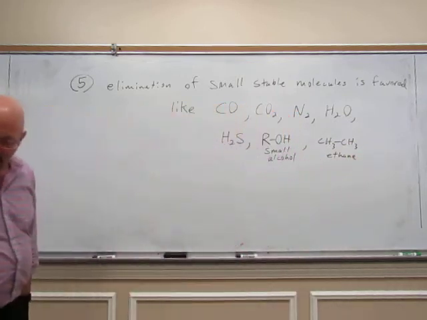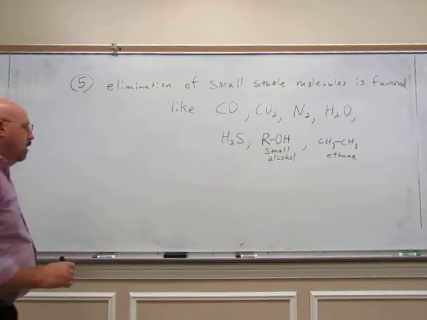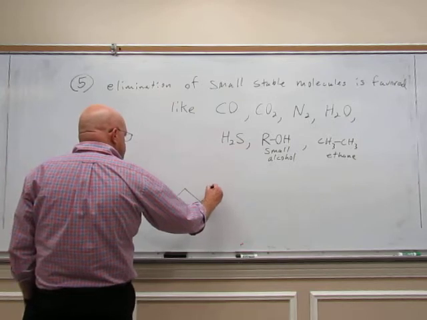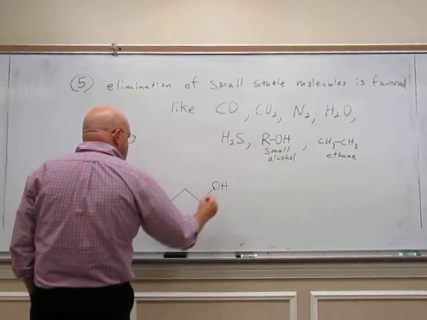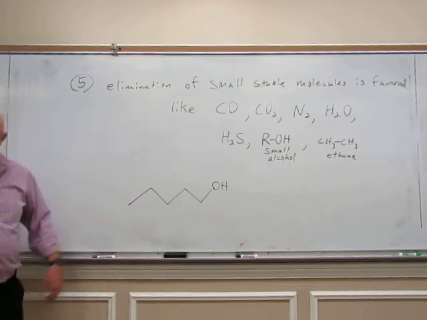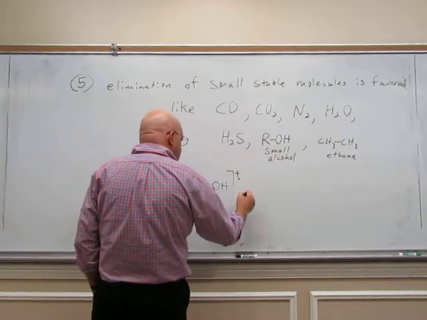So let's look at an example of one of these. Let's take this one. So we inject this into the spectrometer. It collides with the electron beam, makes a radical cation.